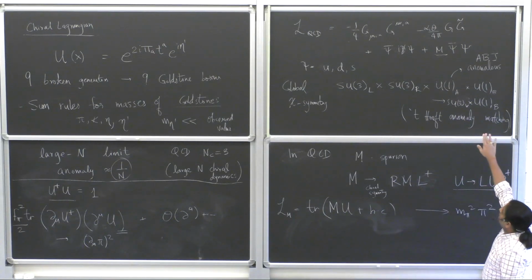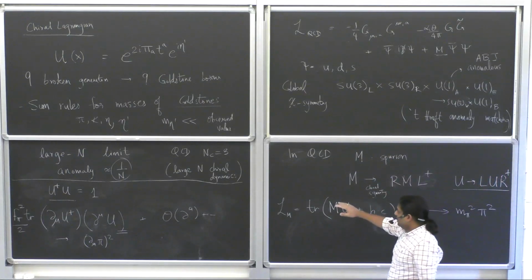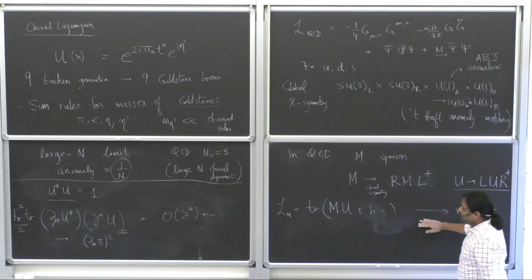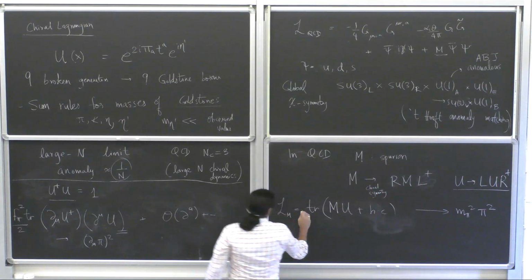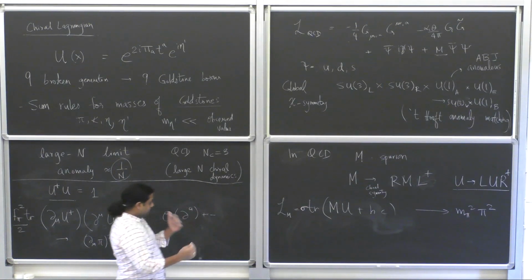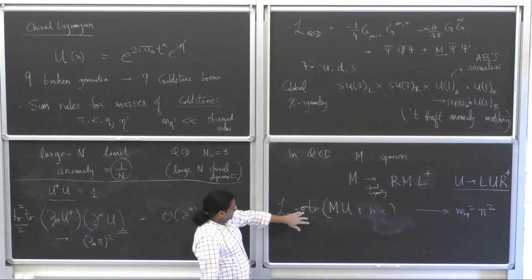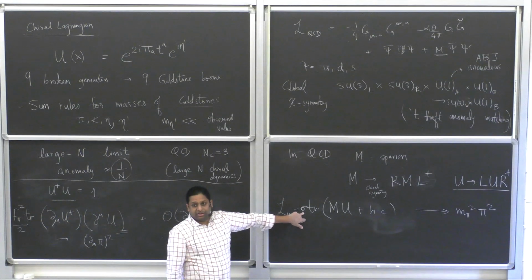My original Lagrangian had 3 parameters: mass of up, mass of down, mass of strange. That was the mass term, that was the mass matrix. So there were only 3 parameters that were unknown, and then this would maybe come with some undetermined parameter as well. Let's call it sigma. So I would have those 3 undetermined parameters and 1 coefficient of this Lagrangian term.